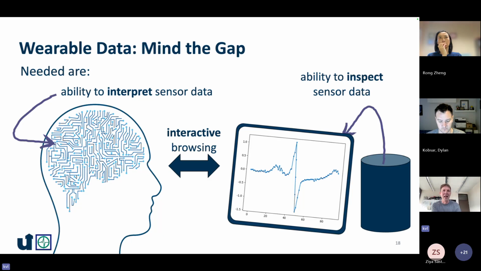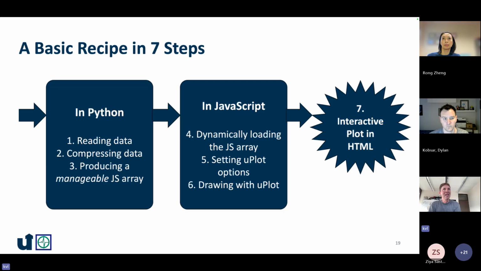There are no tools that allow us to inspect wearable data, which are time series in most cases, in such a way that they can analyze this in an interactive fashion. And that's where I think there are certain things that already exist, some tricks, so to say, that do make things a lot easier. So here I have a basic recipe that I devised that I think anyone can take.